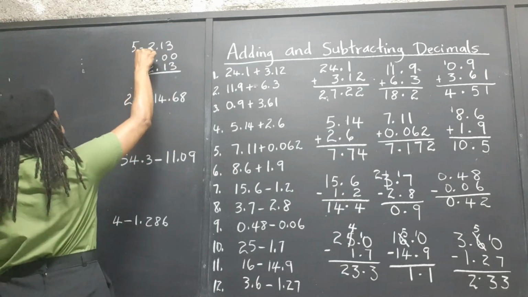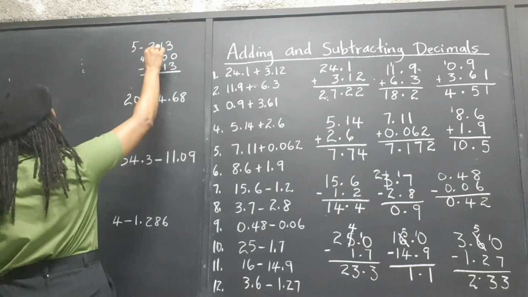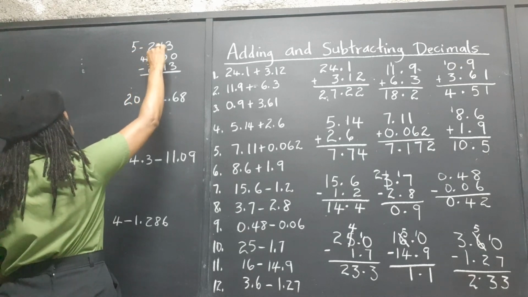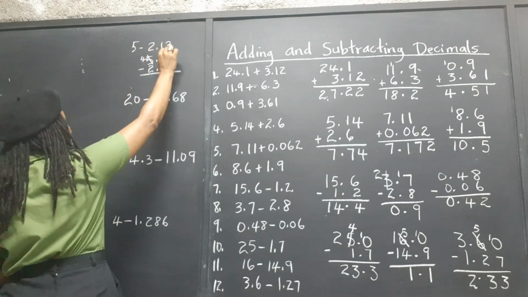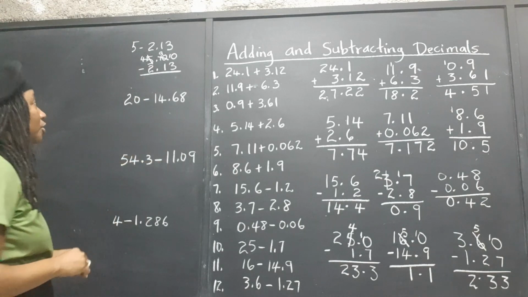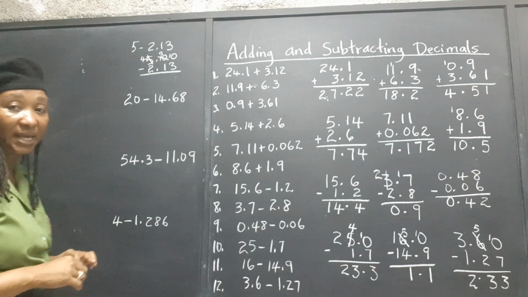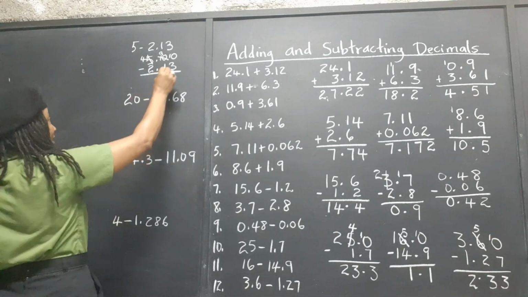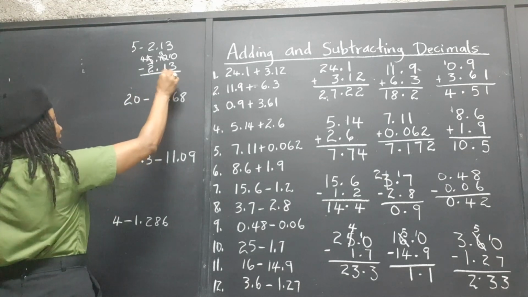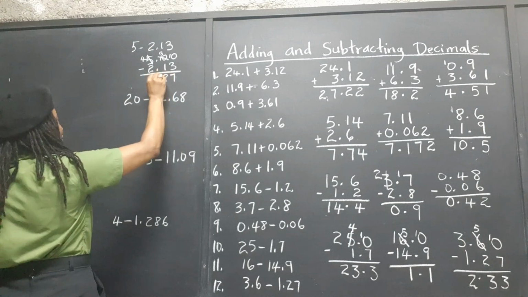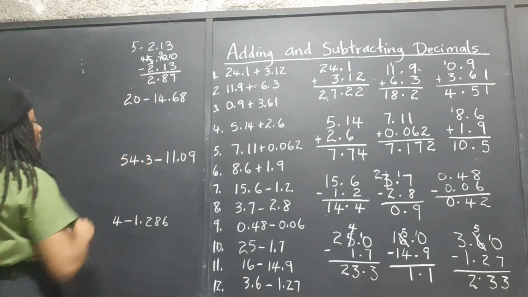So now we need to take 1 from the 5. We bring it here in the 10th place, but we also need 1 in the 100th place. So we have to take 1 from the 10 and carry it to the 100th place. And then we subtract 10 take away 3, 9 take away 1, and 4 take away 2.